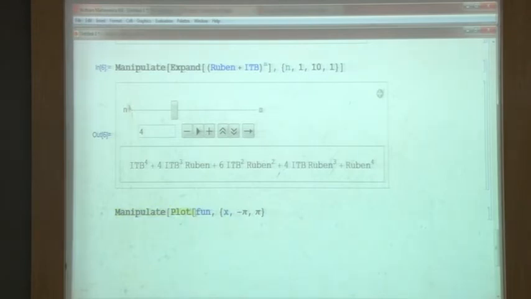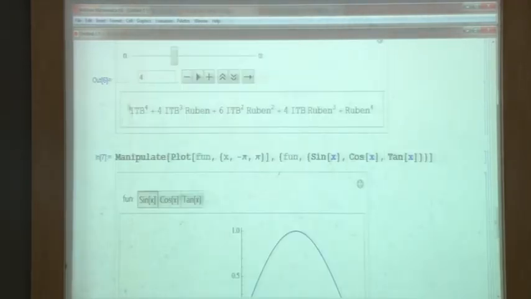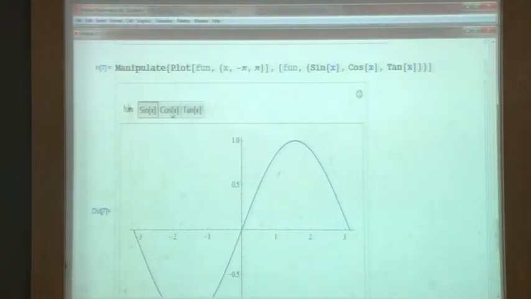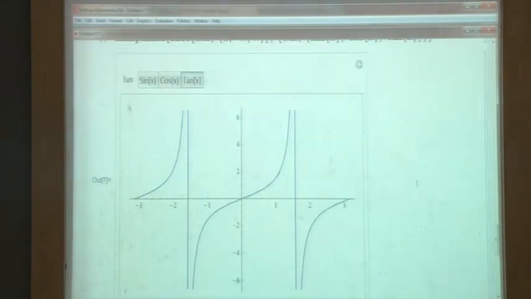Plot fun, and I close Plot here, and then fun will be either sine of x, cosine of x, or, but in this case I need to give the actual functions. Alright? So that's the idea. But you can imagine the power of this thing, and all the things that you can do.